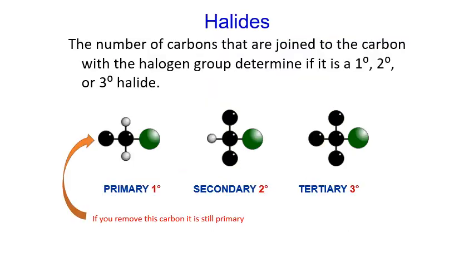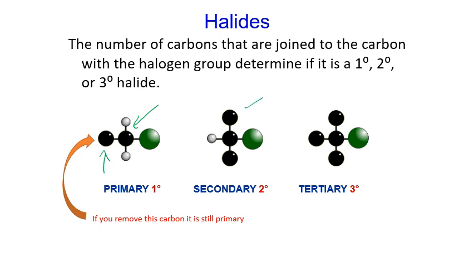So the number of carbons that are joined to the carbon with the halogen group determines if it's called a primary, a secondary, or a tertiary halide. This is our first carbon attached to the halogen. If there is one adjacent carbon, then it's known as a primary haloalkane.